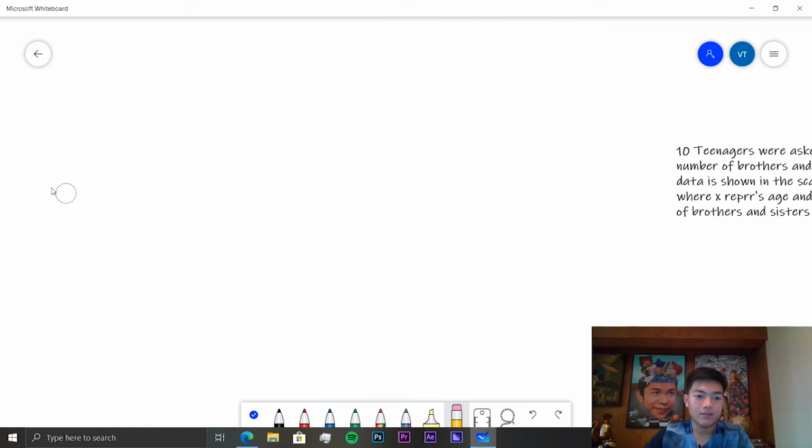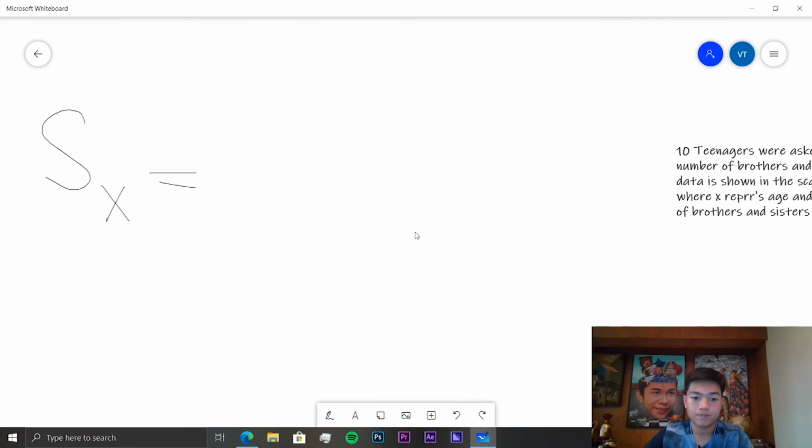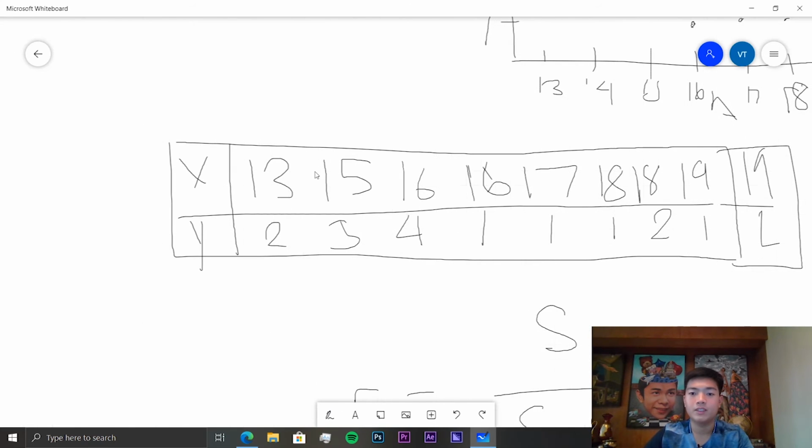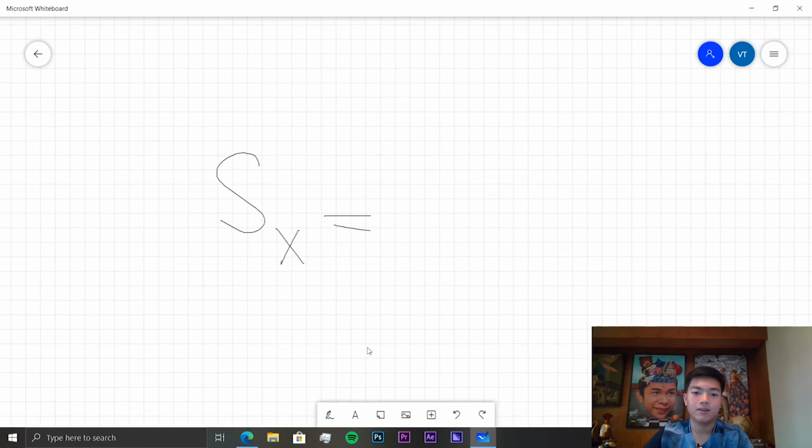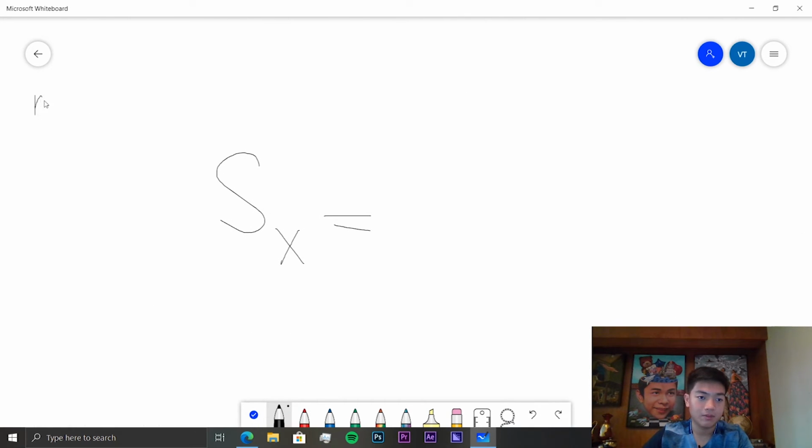So the standard deviation of x: we have 13, 15, 16, 16, 17, 18, 18, 19, 19. So the number of terms is equal to 10. The sum of x is equal to, let's just quickly sum it up.